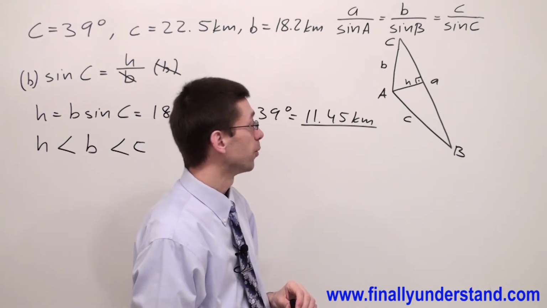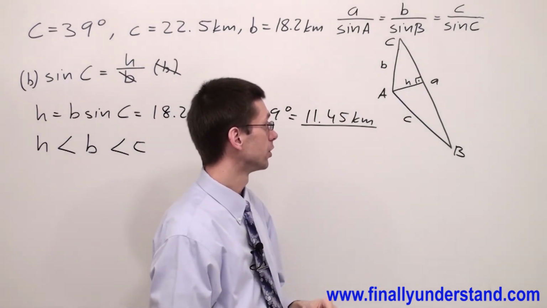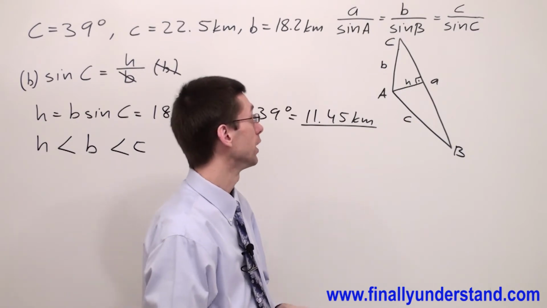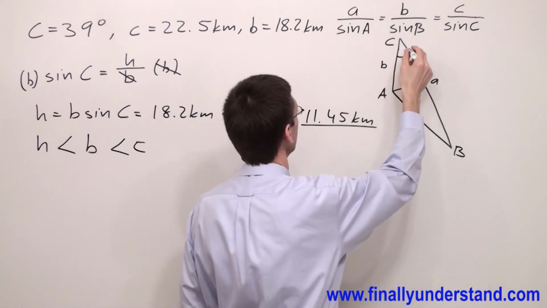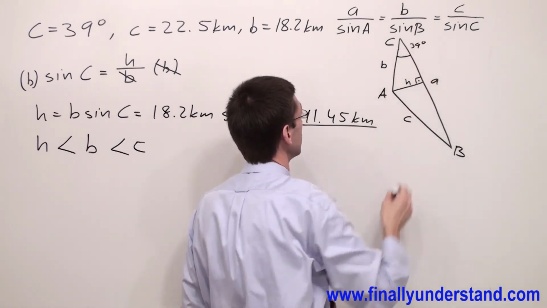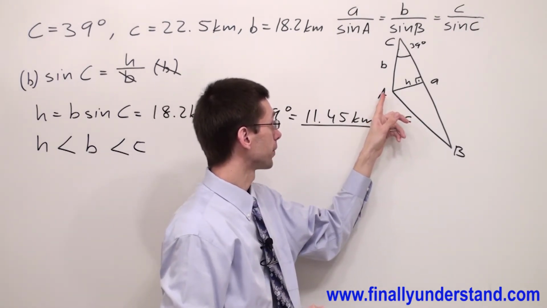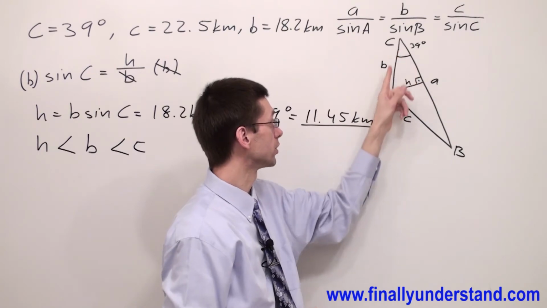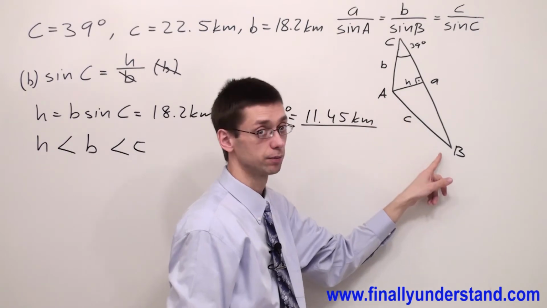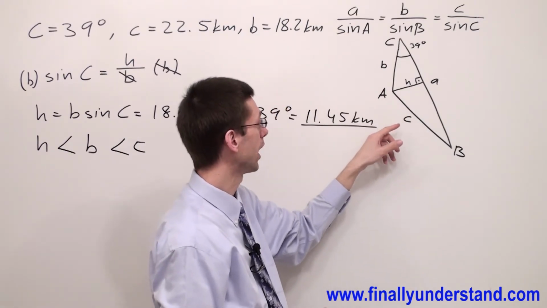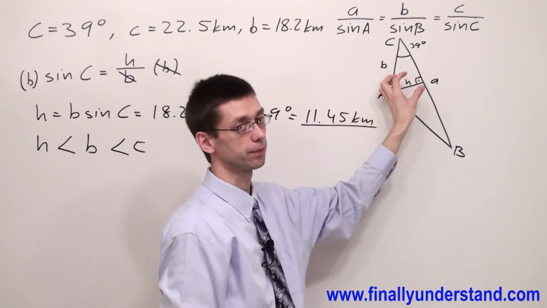Now we're supposed to check how many solutions we are going to have. Please notice that C is greater than B. We have given angle C, and it has to always be 39 degrees. So we can have only 39 degrees if this side C is going to point down. Someone is going to say, what will happen if I take this C and move it up?